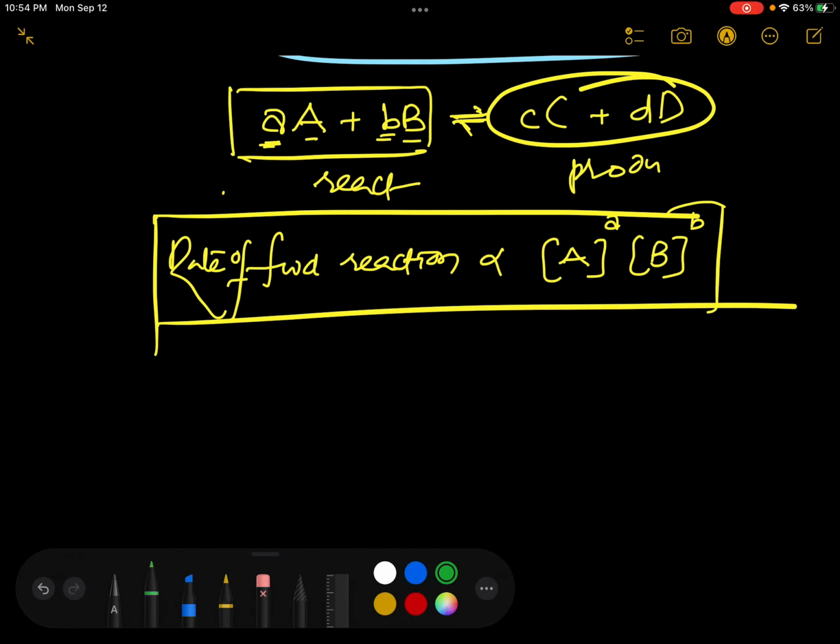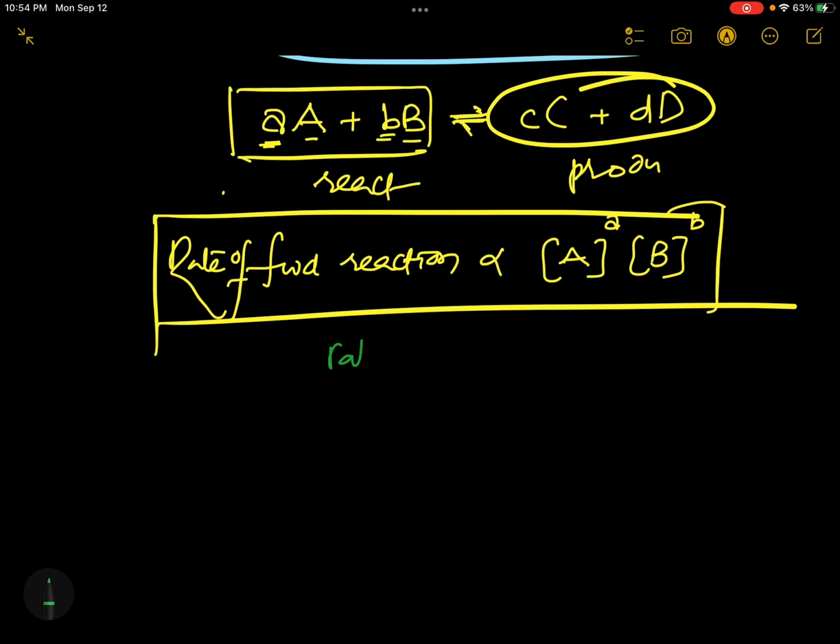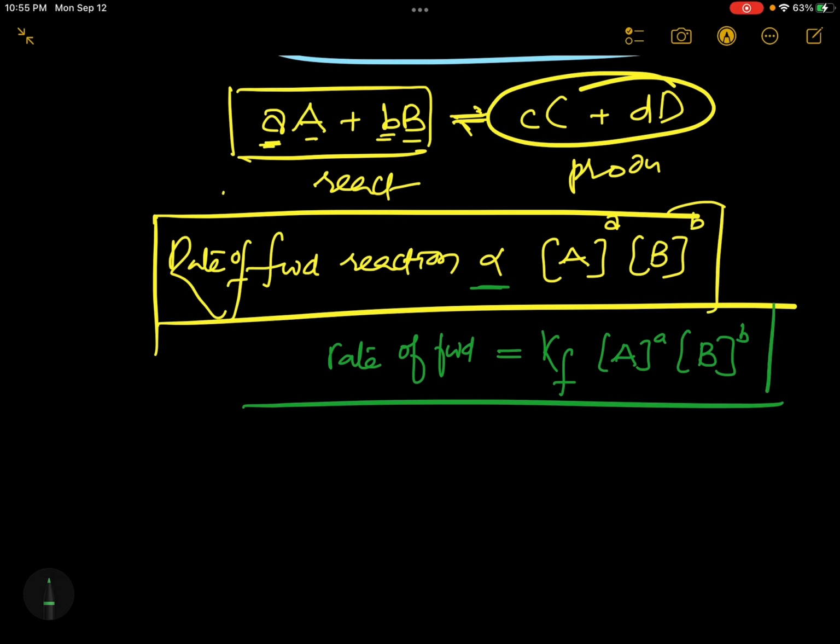In place of the proportionality mark I am keeping an equals mark with a constant Kf, the forward constant: rate of forward reaction equals Kf [A]^a [B]^b. These two lines are for the forward reaction.